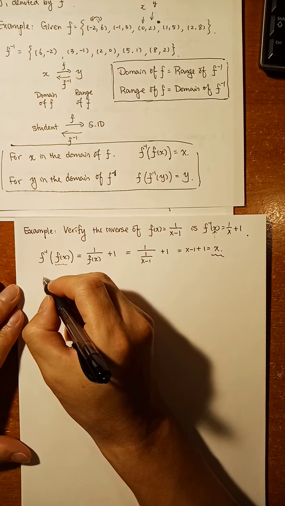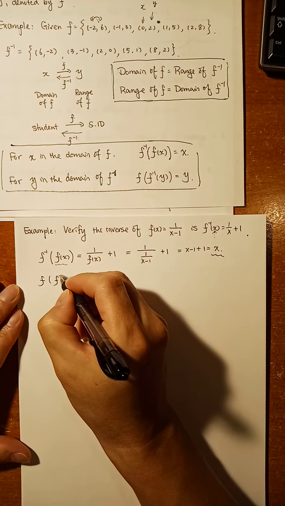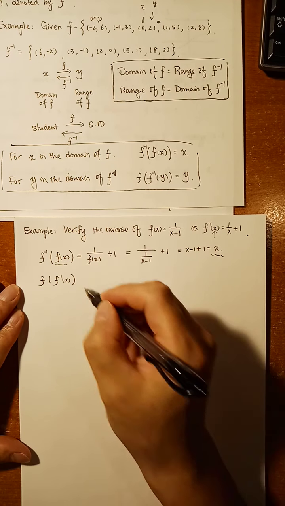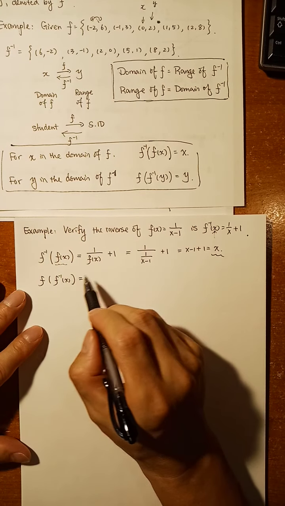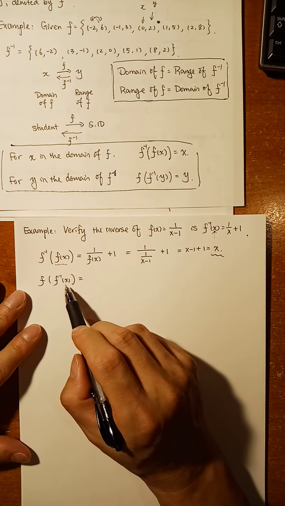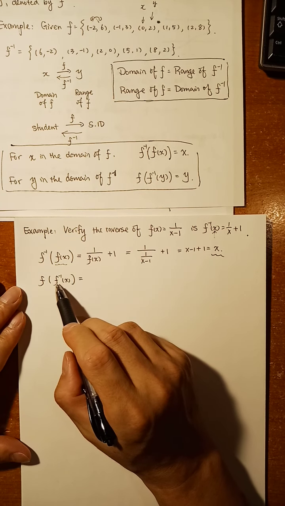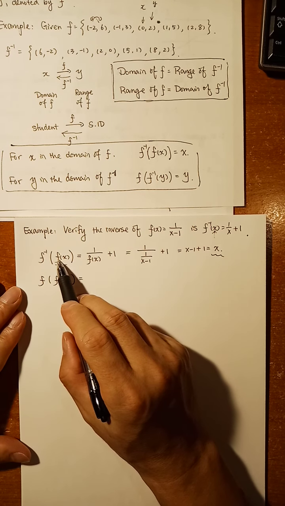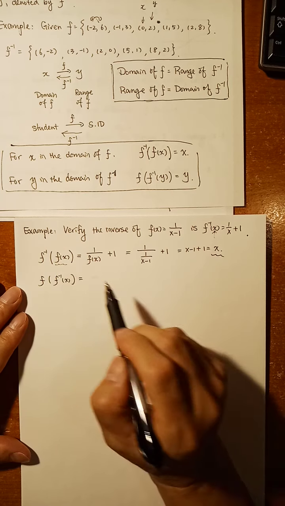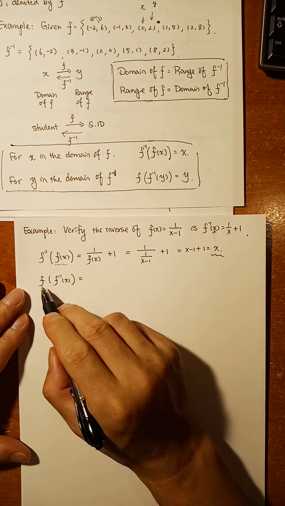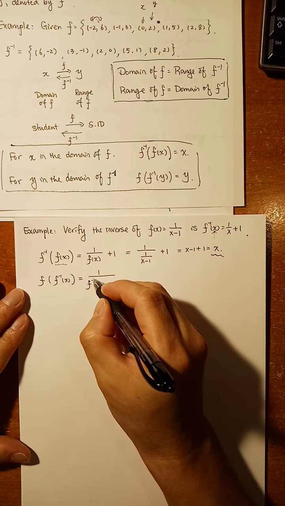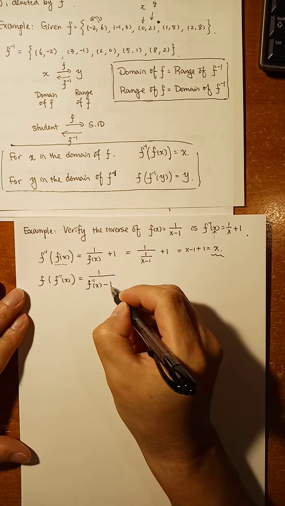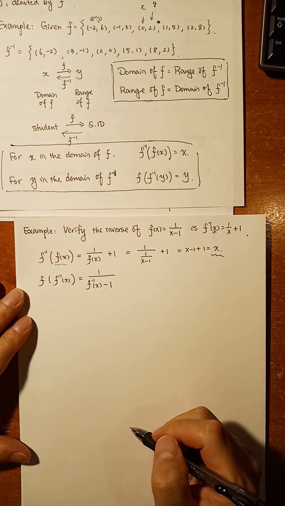Okay, and then you also check that f of f inverse of x is also x. So you see here we use the same letter, but they mean a different thing. This x is in the domain of f inverse. This x is in the domain of f. Okay, so f(x) is 1/x minus 1, so it's f inverse of x minus 1. Right?